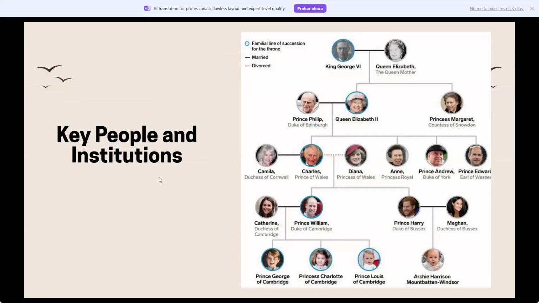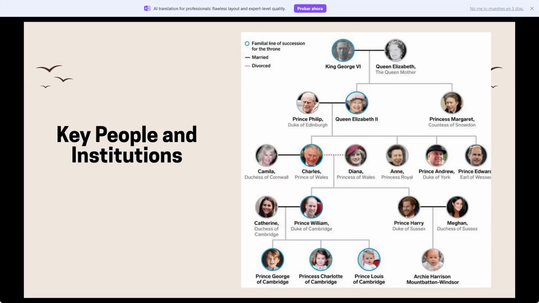In my case, I'm gonna talk about examples of key people and key institutions. We have the monarch, who is King Charles III. We have also the prime minister. We have members of parliament, elected representatives, and the cabinet ministers who lead different government departments.